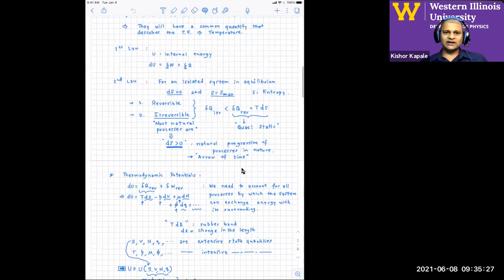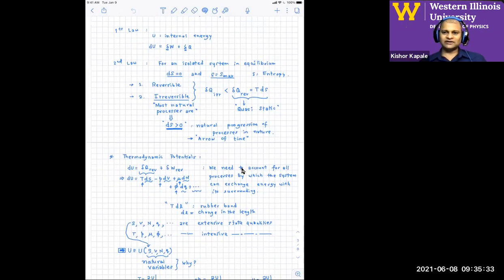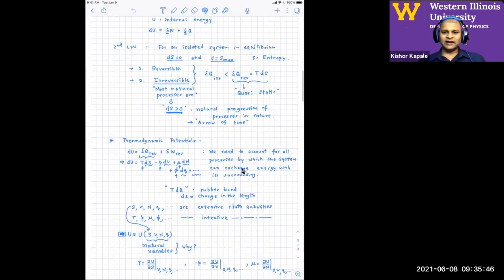And then the first law is basically conservation of energy. It allows us to define the change in the internal energy of the system through two mechanisms. One is heat exchange, the other is the work done. And there are multiple examples of work done. Work done can come as P dV, like in gases, when you have pressure applied which causes volume to change, or it could come from mu dN.